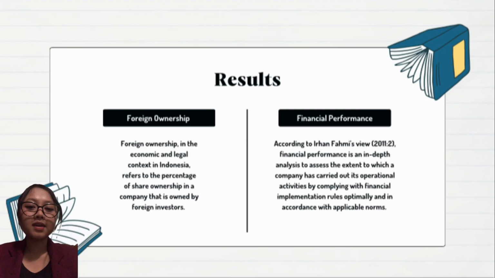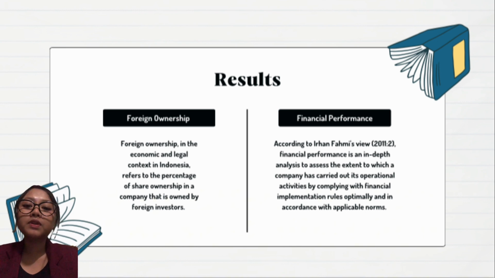Next, on this slide, I will discuss the results, where these results are a discussion of the 2 points of research and variable measurement. Number 1, there is foreign ownership. Foreign ownership in the economic and legal context in Indonesia refers to the percentage of share ownership in a company that is owned by foreign investors.